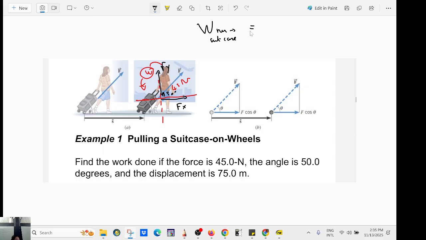The X component. Thank you. What's your name again? Peyton? Okay. 45 cosine 50, times 75.